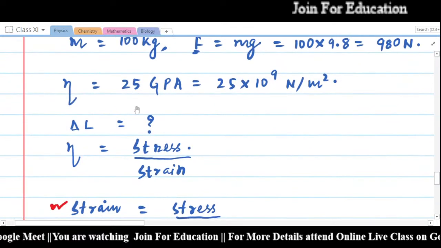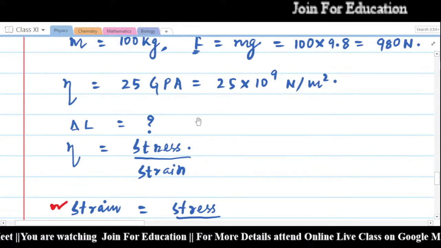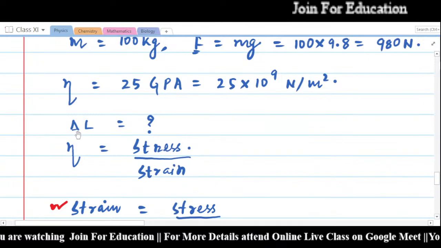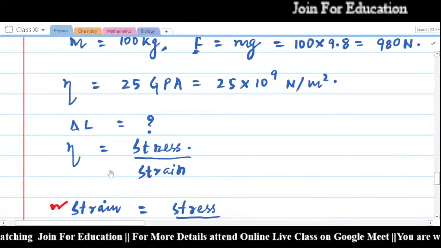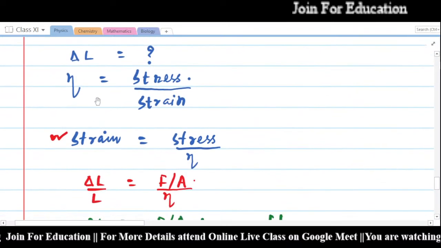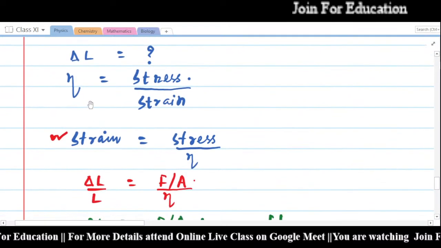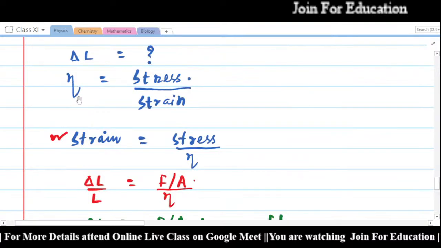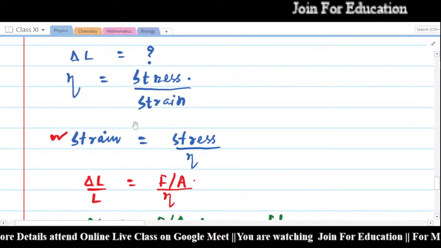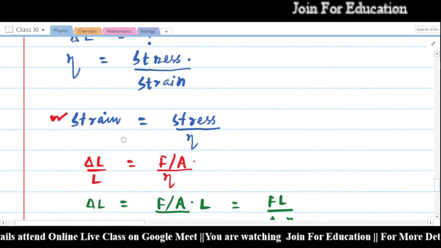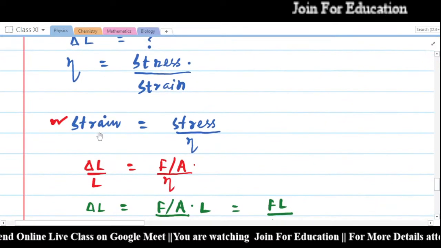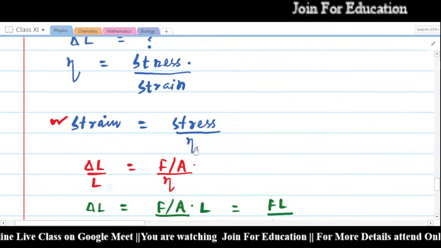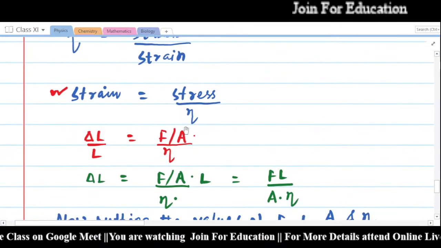The value of shear modulus is given in this question. Del L is asked in this question. We recall the numerical formula of the shear modulus or modulus of rigidity: eta equal to stress by strain. Therefore, after simple calculation we get strain equal to stress by modulus of rigidity.